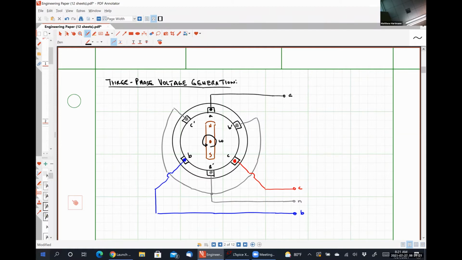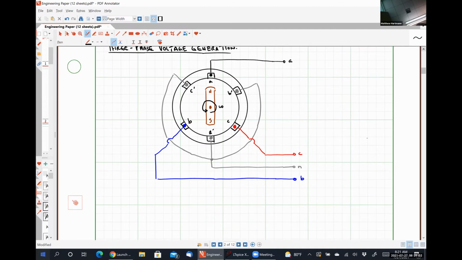you should understand that when this magnet rotates, the magnetic flux seen by terminal A will change as the magnet spins, right? So when it's in alignment, like we have right now, with the North Pole aligned with terminal A and the South Pole aligned with terminal A prime, terminal A sees the maximum amount of electromagnetic flux, and due to Faraday's law of induction, this causes a peak value in the voltage.